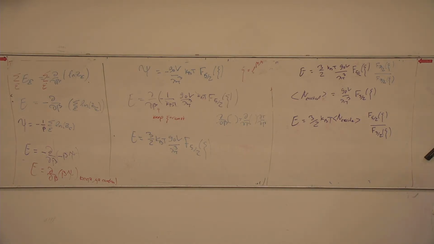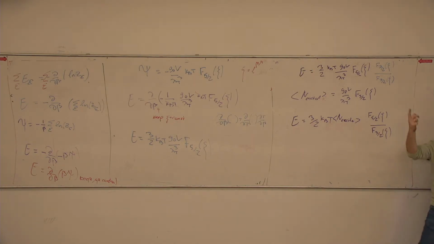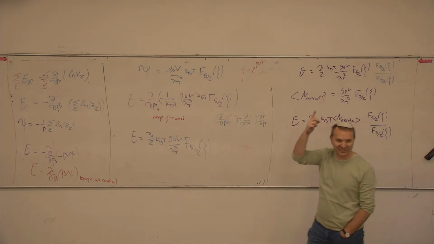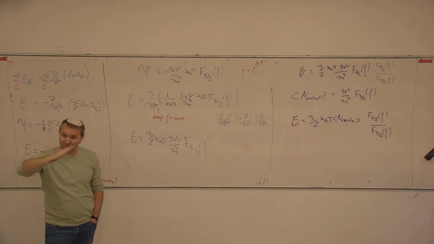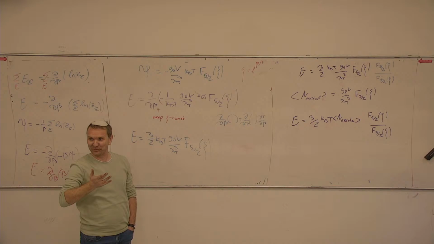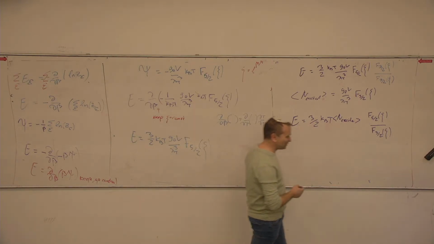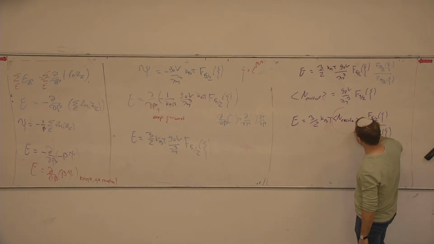Why is it reasonable? Well, the only particles that I care about are particles that are sitting in the excited states. Because particles that are sitting at the ground state, their energy is 0. They're not contributing. So the only thing that is contributing is the number of particles that sits over here.